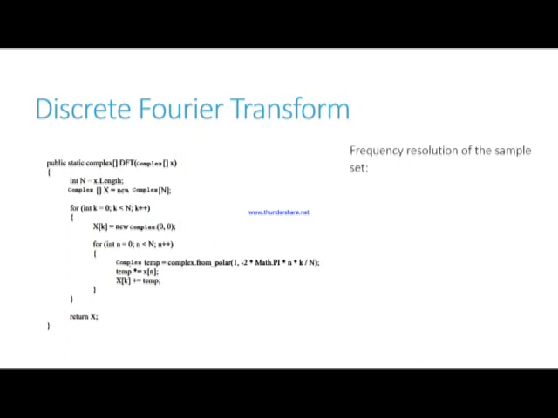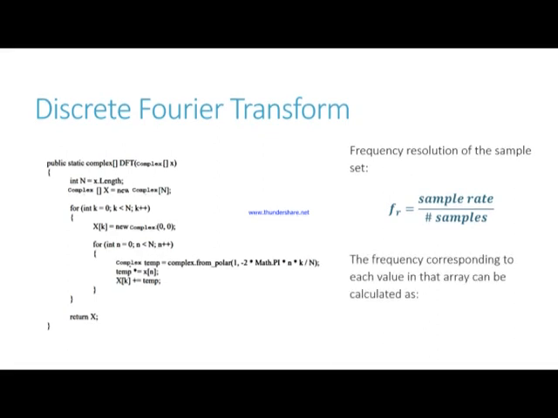The frequency resolution is calculated as the sample rate over the number of samples of the data set. Given the array output from a Fourier Transform function, the frequency corresponding to each value in that array can be calculated as n times the frequency resolution, which is fr.